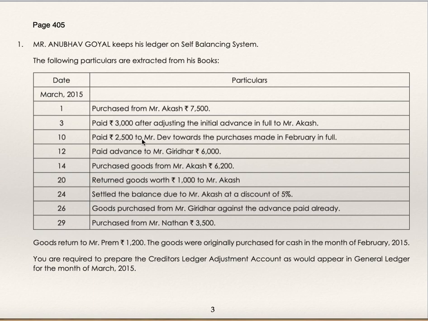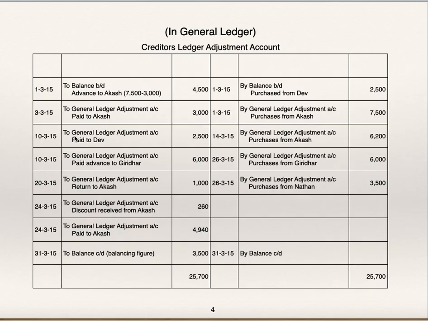10th of March, paid 2,500 to Mr. Dev towards the purchases made in February in full. Made purchases in February, payment is made now on 10th of March. 10th of March, to general ledger adjustment account, paid to Dev 2,500.